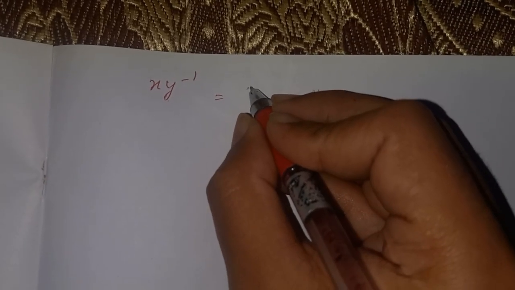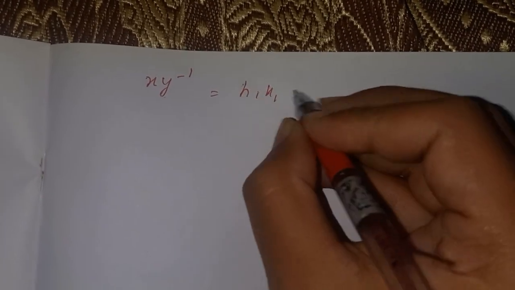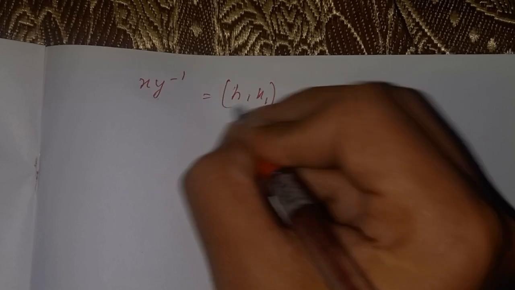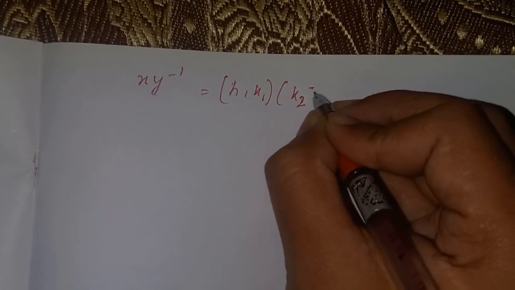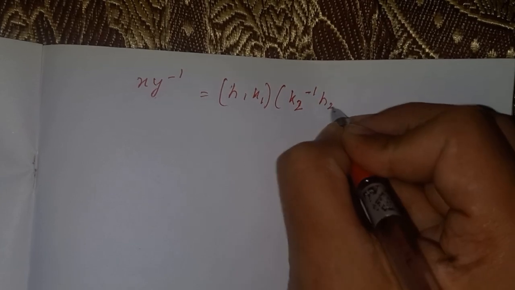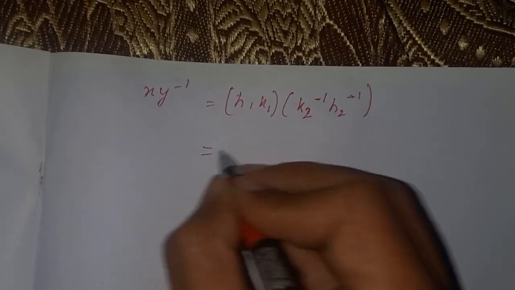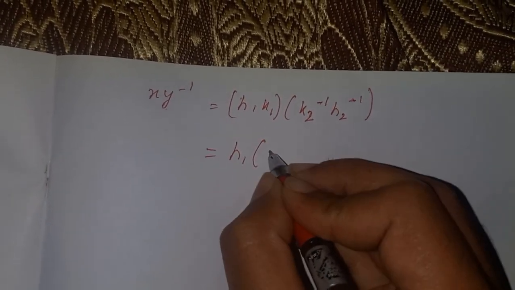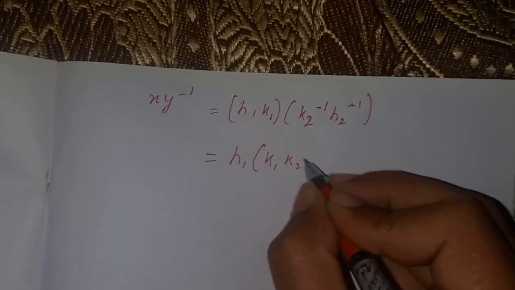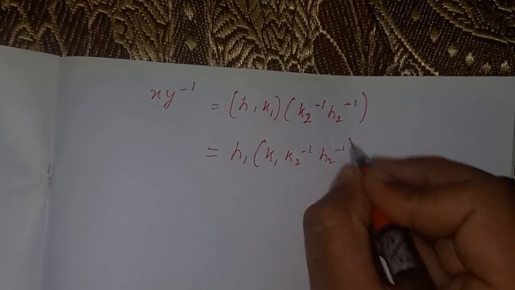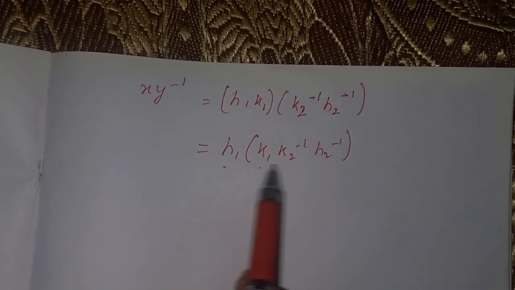Let's write what we have written on the previous page. x y inverse, which was h1 k1 k2 inverse h2 inverse. So we can also write it as this step.